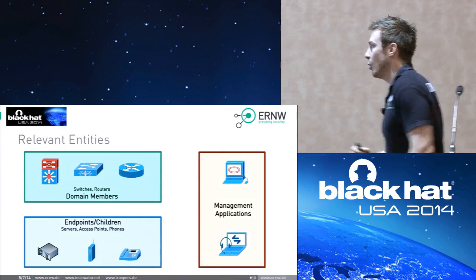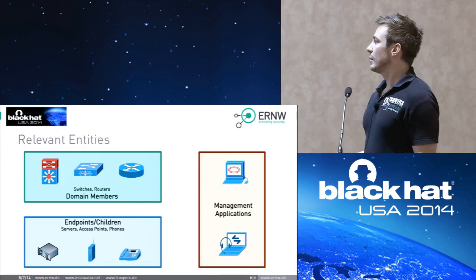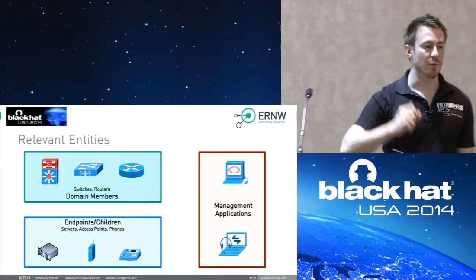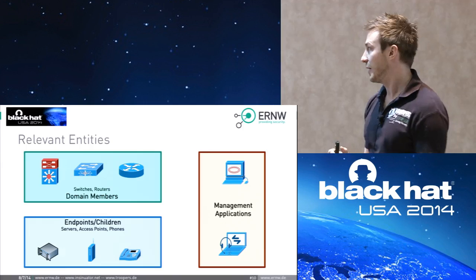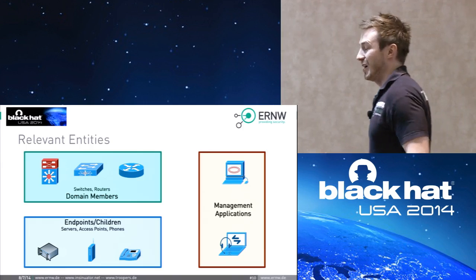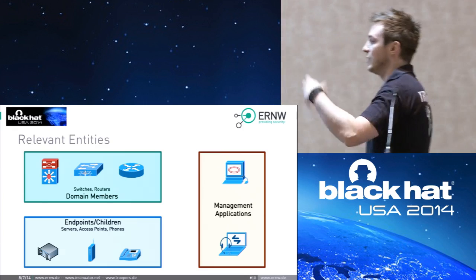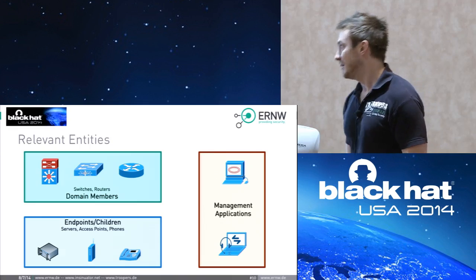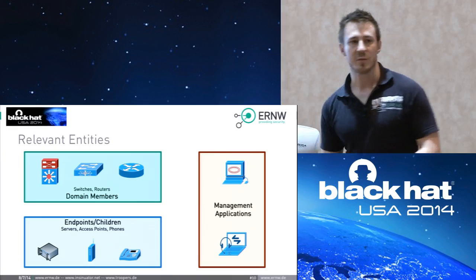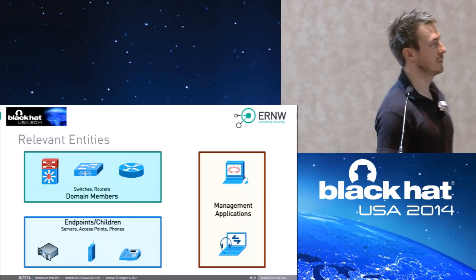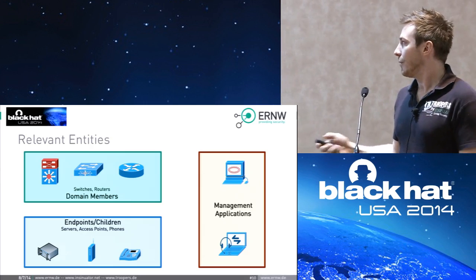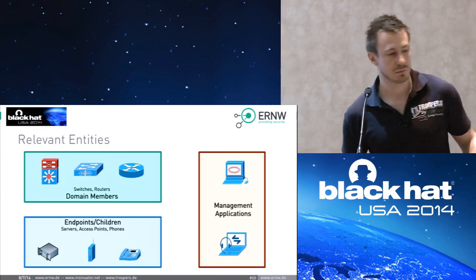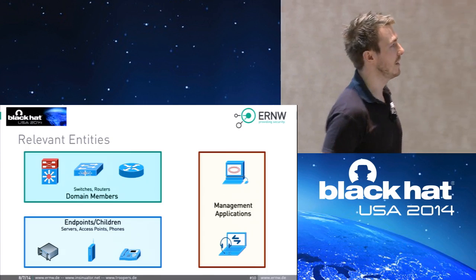We also have that here in a better overview. And we will use those icons throughout the presentation to illustrate the EnergyWise architecture. First of all, the management applications, that's still pretty boring. It's a piece of software that is issuing management queries to the domain. And those management queries are processed by the domain members. Those domain members are all the network devices in your network that are EnergyWise enabled.